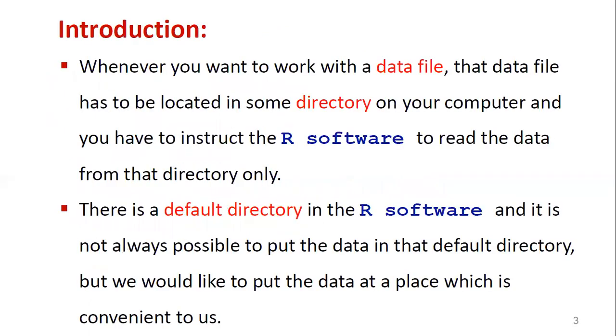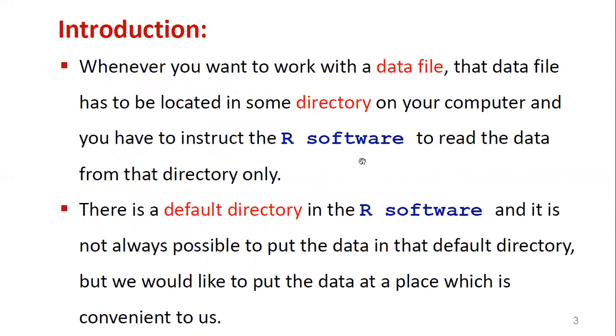Whatever we reviewed, the purpose of this lecture, you can recall again. Whenever you want to work with a data file, that data file has to be located in some directory on your computer. And you have to instruct the R software to read the data from the directory only. You may have stored it in documents or downloads or C drive or D drive or E drive somewhere.